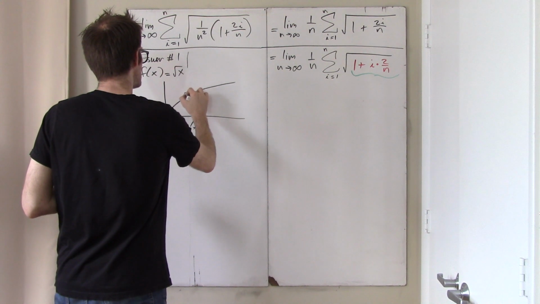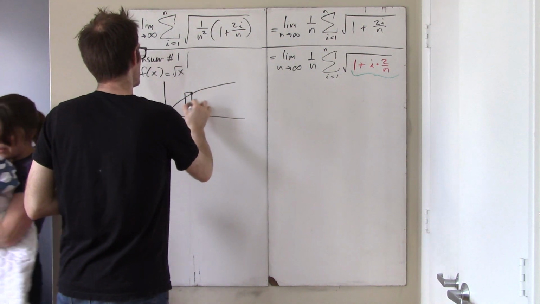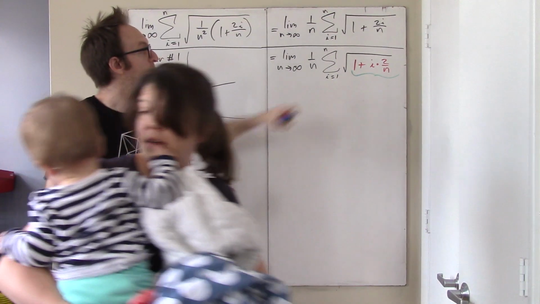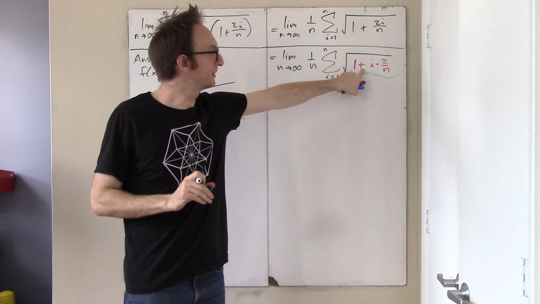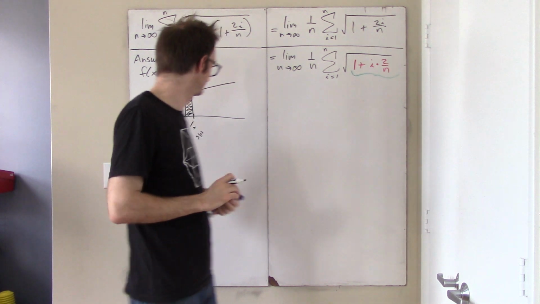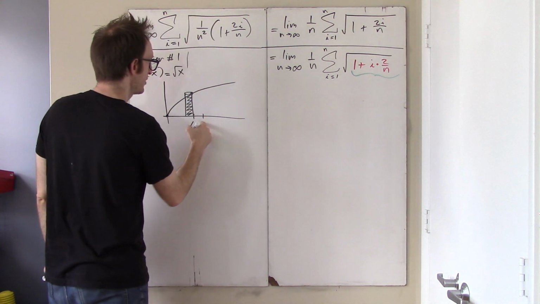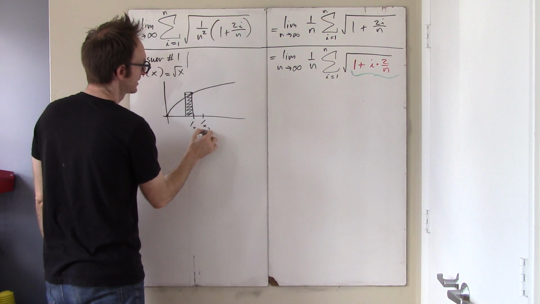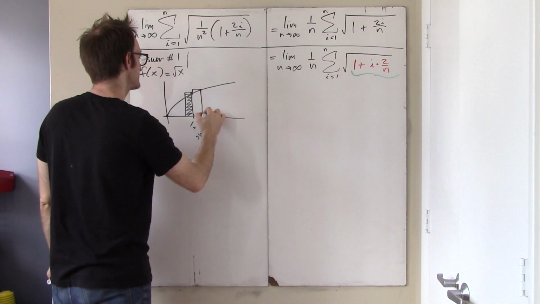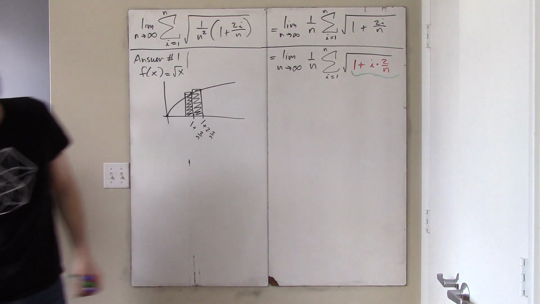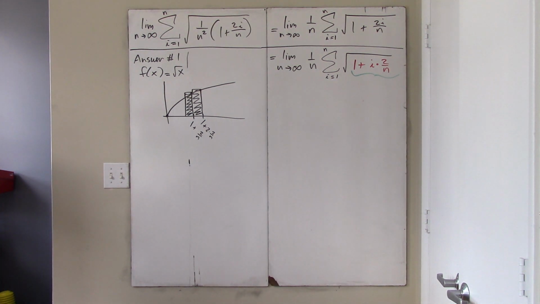Okay, great. Next, what happens when i is 2? When i is 2, I get 1 plus 2 times 2 over n. That number gets plugged into the square root function. Good.